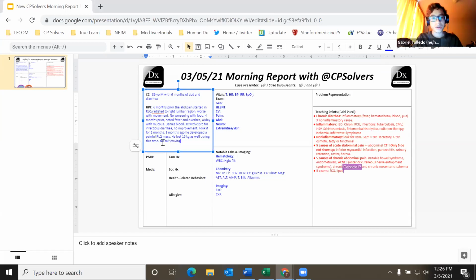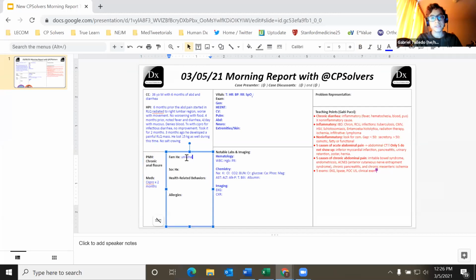In past medical history, he has a history of a chronic anal fissure. In meds, he has been taking ciprofloxacin for 2 months. Family history, not remarkable. Social history, he lives in San Martin. And for context with you guys, San Martin is a tropical humid region in the northeast of Peru.